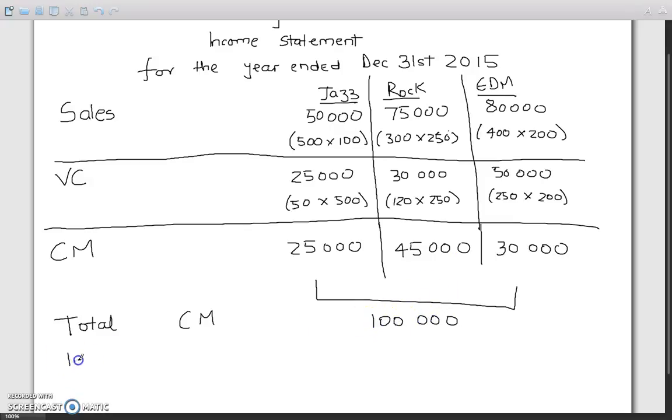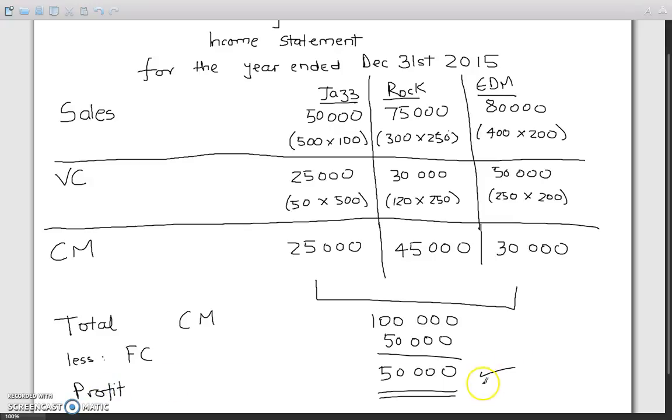And then I'm going to take out the fixed costs of 50,000 to arrive at a total profit for the business, meaning a total profit of 50,000. There you go. That's your profit, and that is your final answer. That is also your net income, if you will. All right, guys, so that was pretty straightforward. We can move on to the next part.